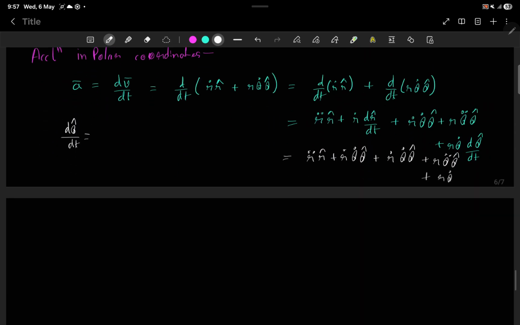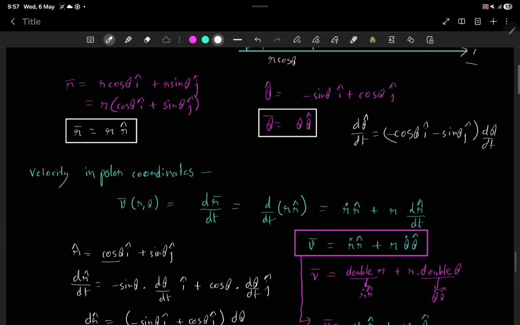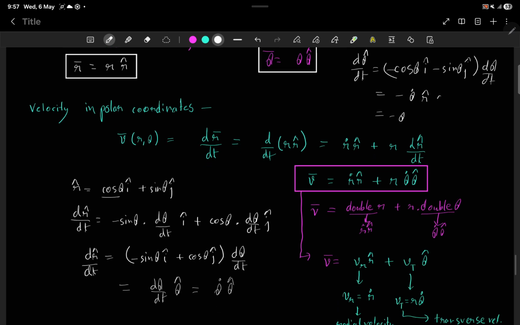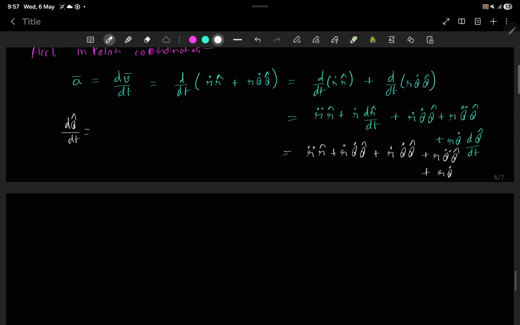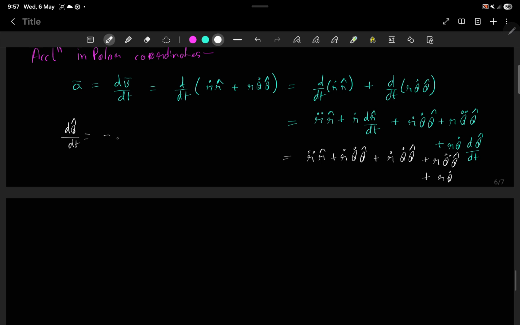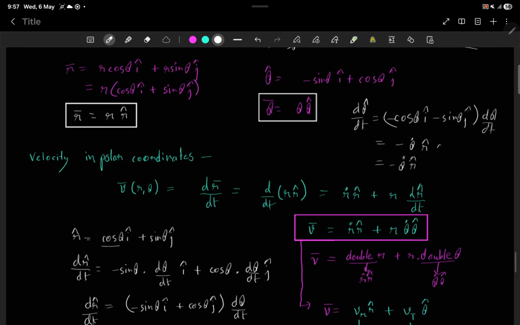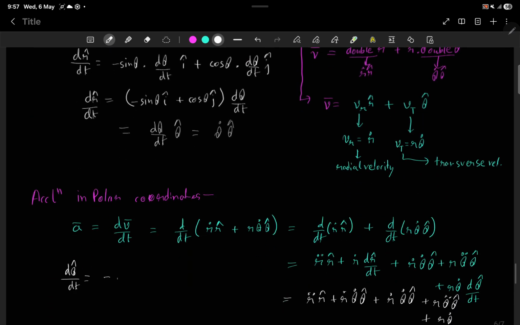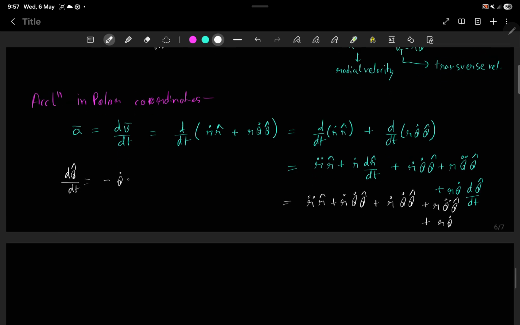Also from here I can write minus theta dot, and this will be plus, so cos theta i cap plus sin theta j cap equals r cap. So this is minus theta dot r cap.